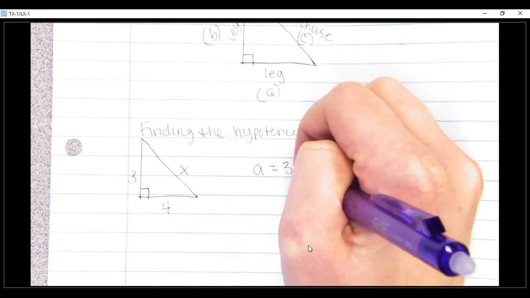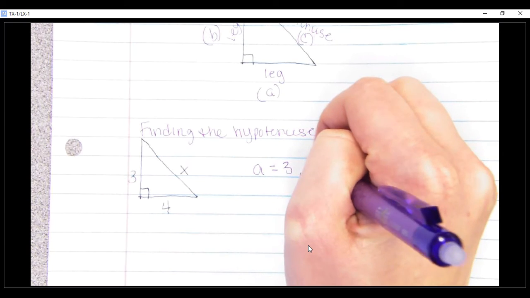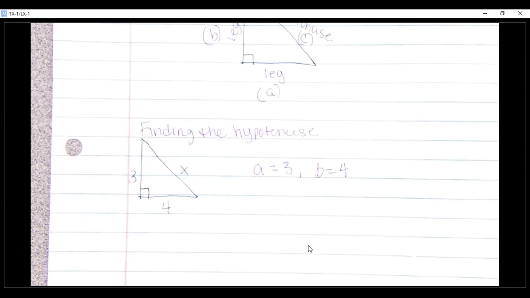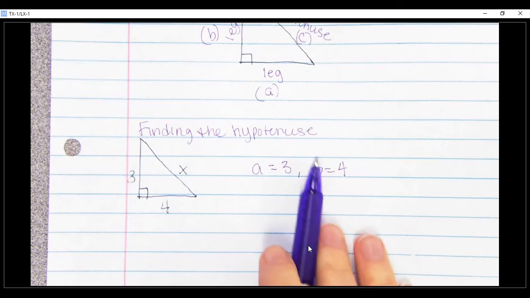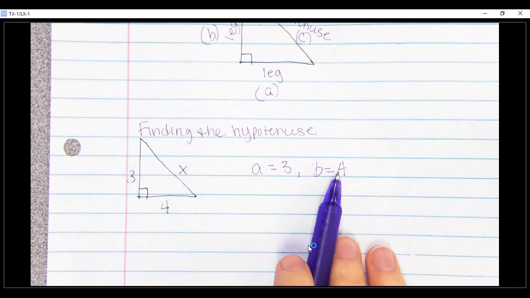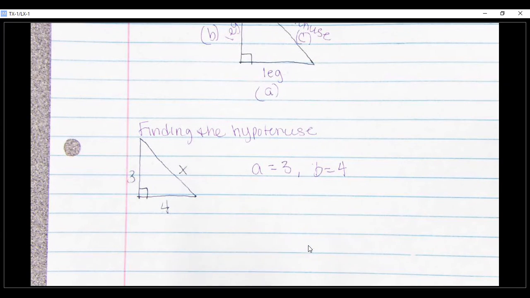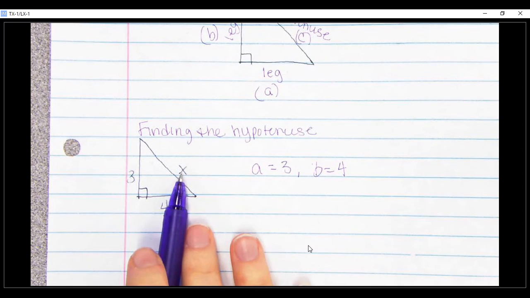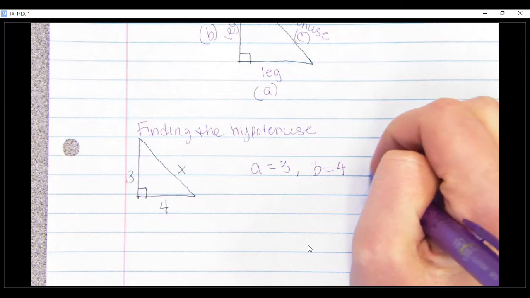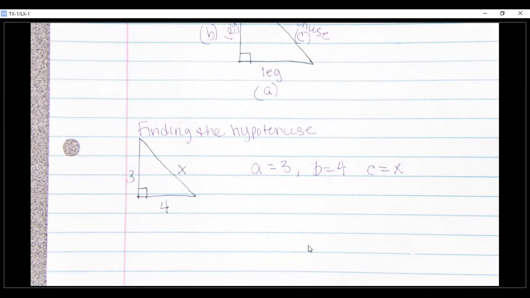Again, it does not matter which one is which as long as it is either a or b. I can make a 4 and b 3, or switch them, but I cannot make my x an a or a b. That x is going to be c because that is my hypotenuse. Again, the legs can switch, but the hypotenuse cannot.